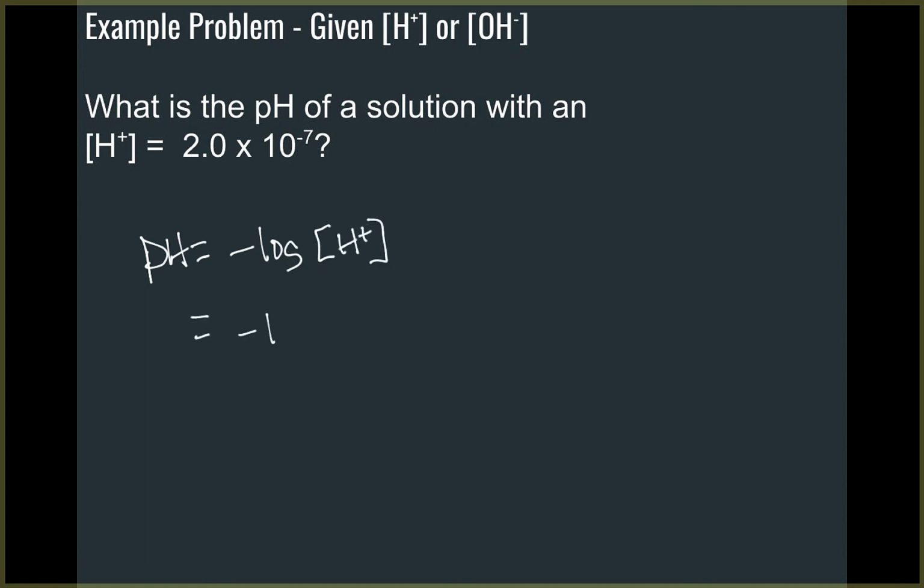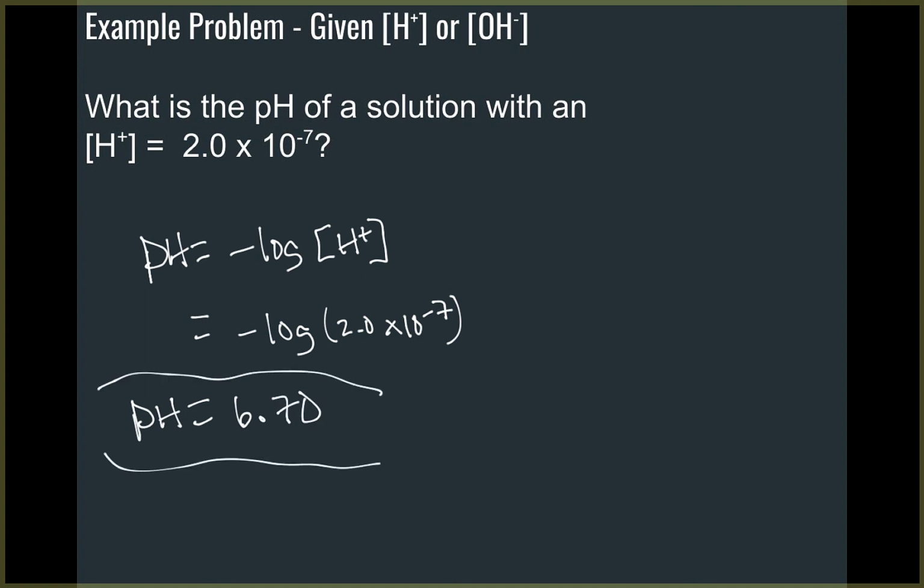So negative log of 2.0 times 10 to the negative 7. Put that in the calculator. pH for that one would be 6.70. Okay, and again, pH values don't have units. The only time you have to worry about a unit is if you're reporting a concentration. Okay, so that would give you the pH of that particular solution.